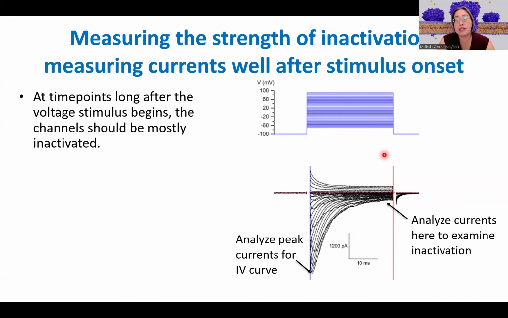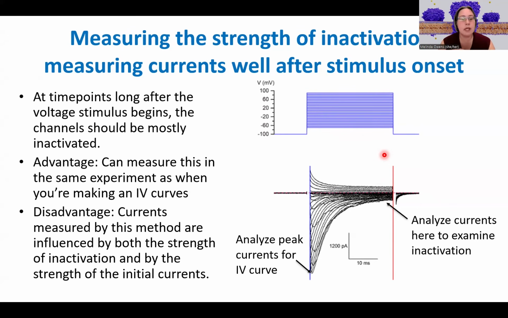It'll tell you, at a point where all the channels are supposed to be inactivated, how much current is or is not going through. The advantage is that it's pretty straightforward and simple. You can measure this in the same experiment as when you're making IV curves. You just have to keep your voltage on a little longer and record the currents after 10 milliseconds instead of right away at the peak.